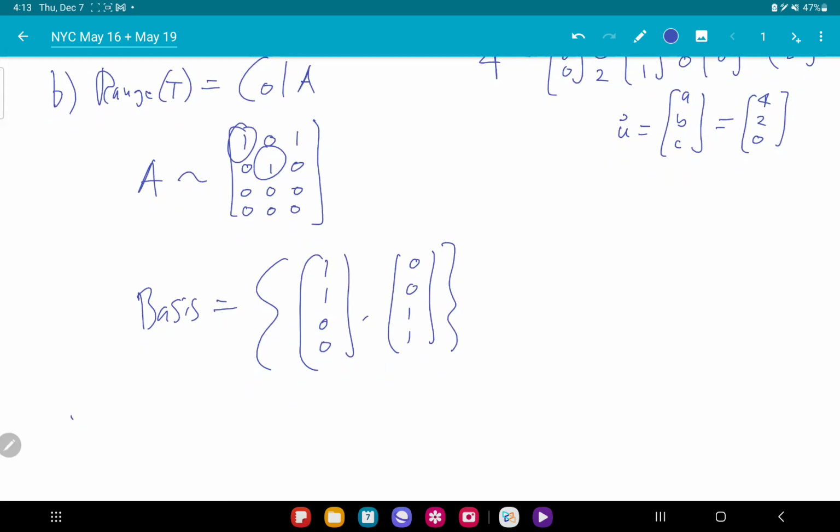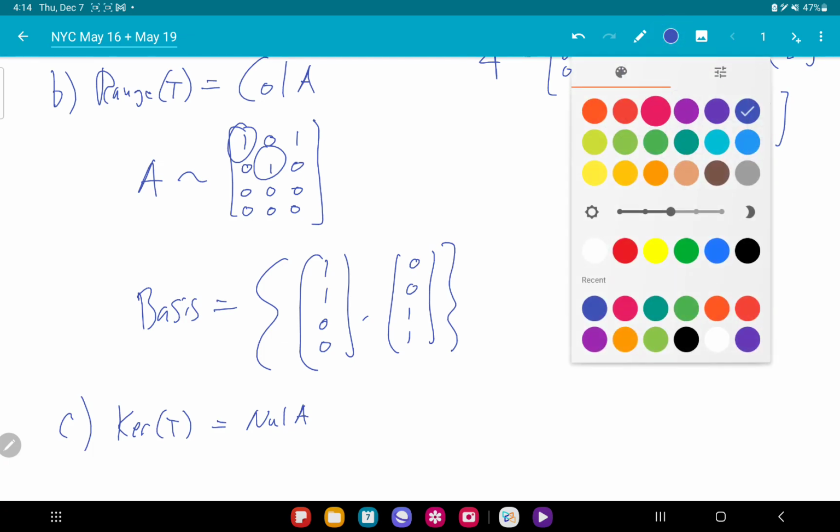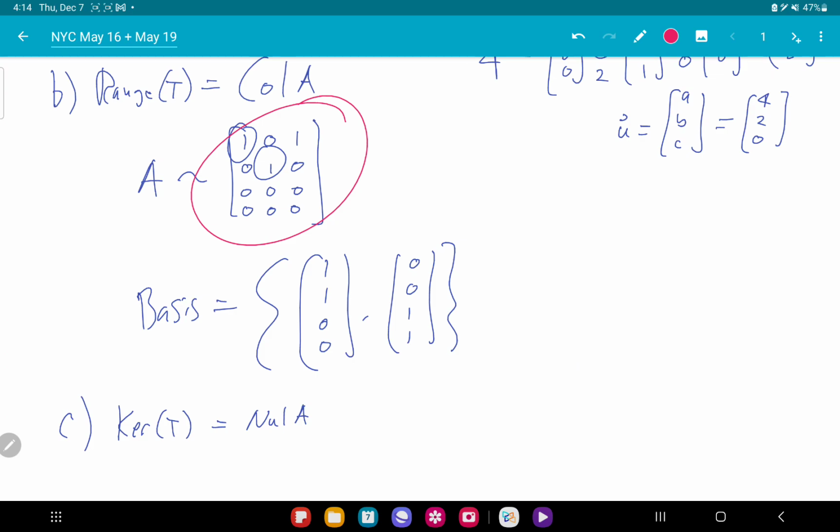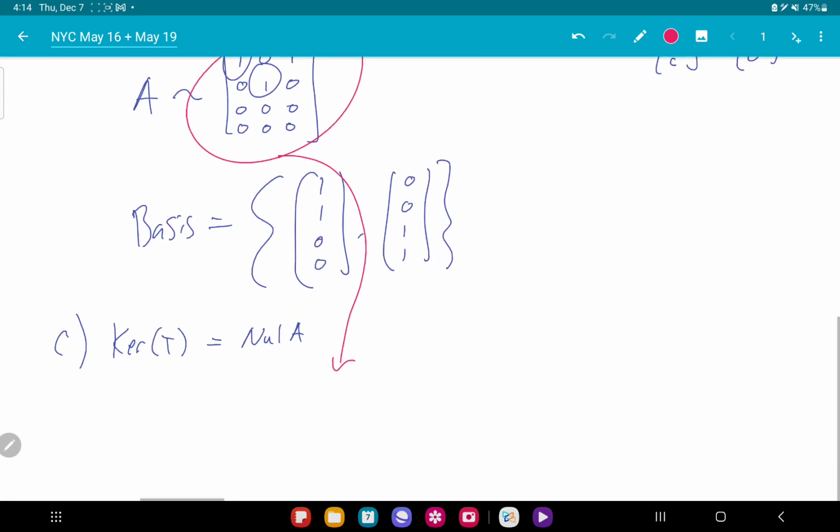Now part C is the kernel. The kernel of T is just the null space of A. So I want a basis for the null space. So I'll take my reduced matrix here to help me solve AX equals 0.